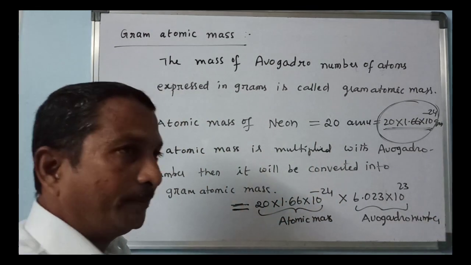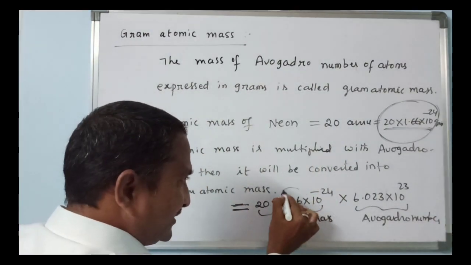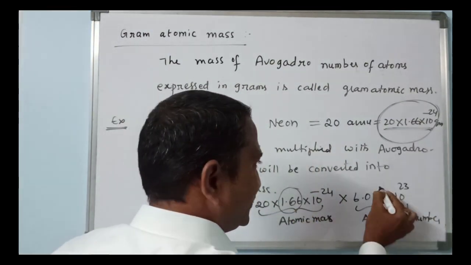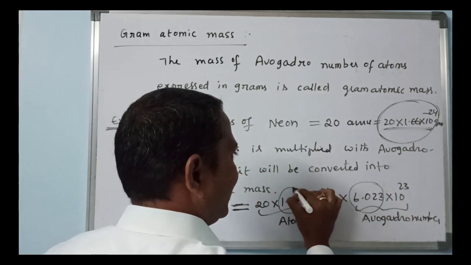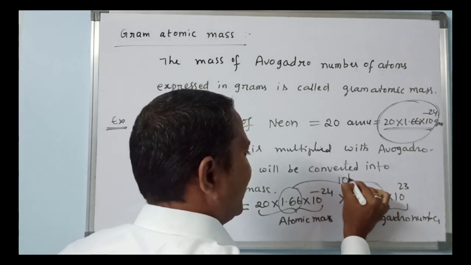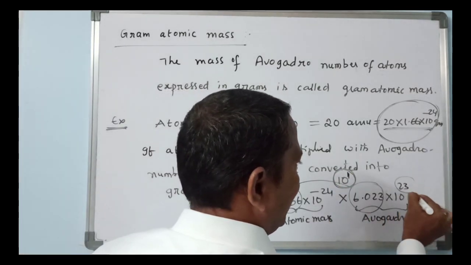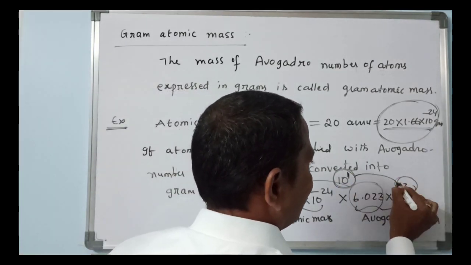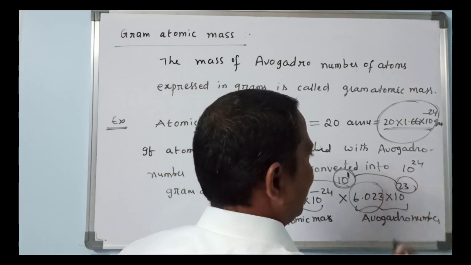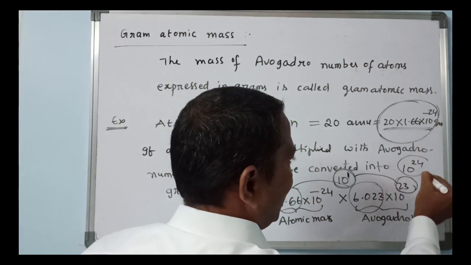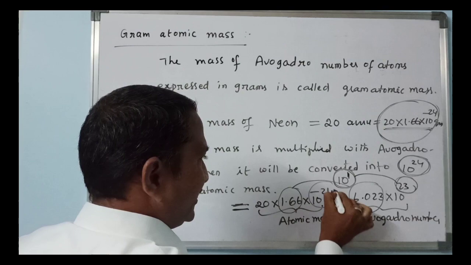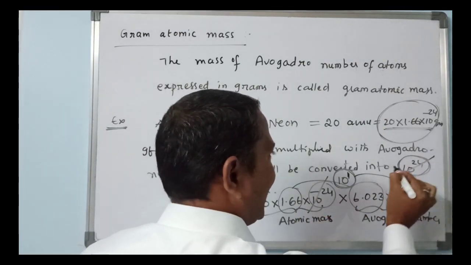See how I am multiplying. 1.66 into 6.023 is about 10, that is 10 power 1. This 10 power 1 into 10 power 23 is 10 power 24. This 10 power 24 and this 10 power minus 24 both cancel.